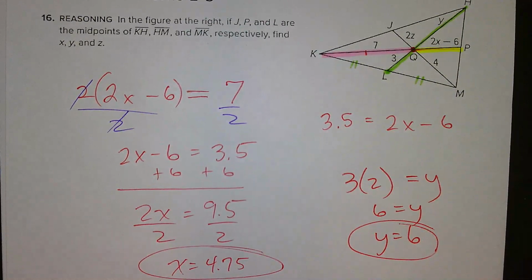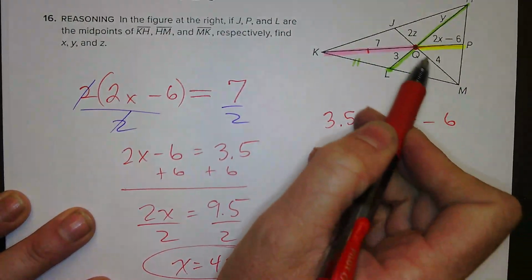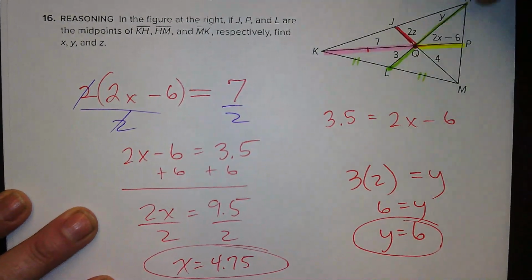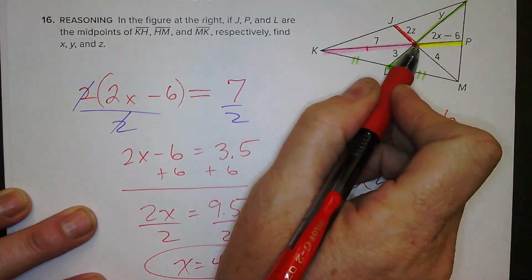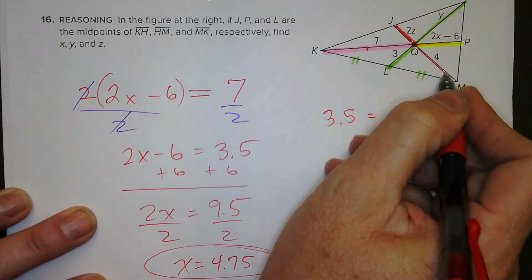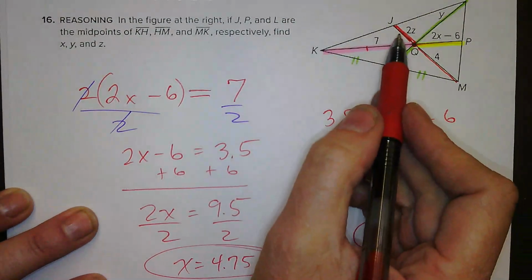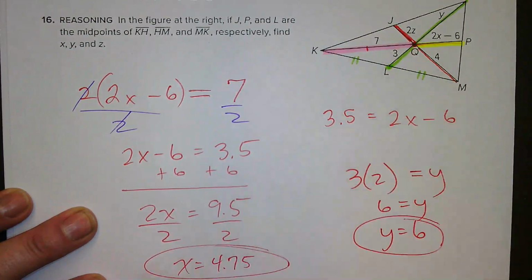So z is not drawn in yet. Z is on this median. 2z is my shorter section. And 4 here is my longer one. So in order to make an equation that I could solve, I need to double 2z, multiply that by 2, and then that will equal 4.